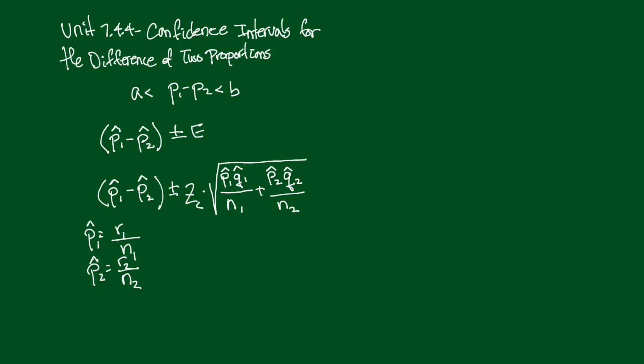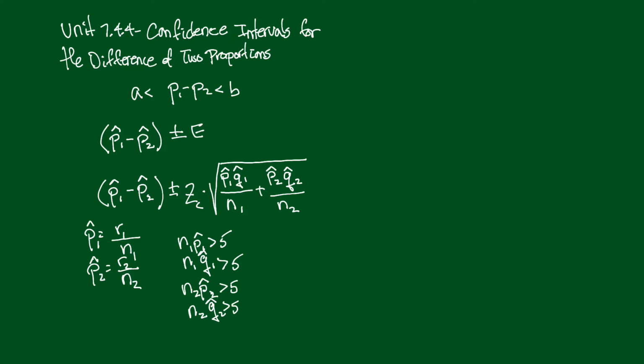And we're going to assume when we use this that all of these are met: N1 P1 hat is greater than 5, N1 Q1 hat is greater than 5, N2 P2 hat is greater than 5, N2 Q2 hat is greater than 5.